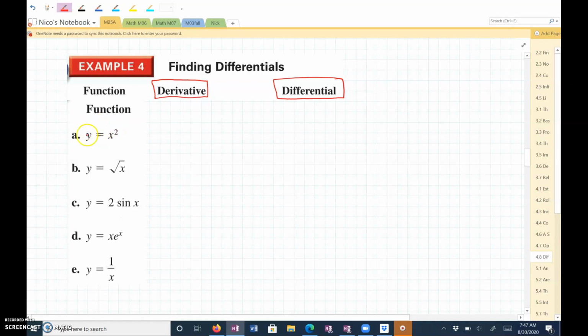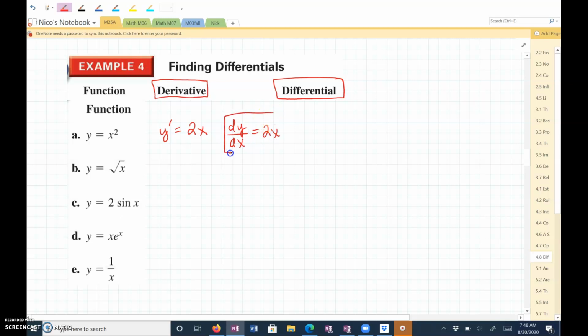So the derivative of this function y equals x squared would be y prime equals 2x. Or another way to write this would be the derivative of y with respect to x equals 2x.